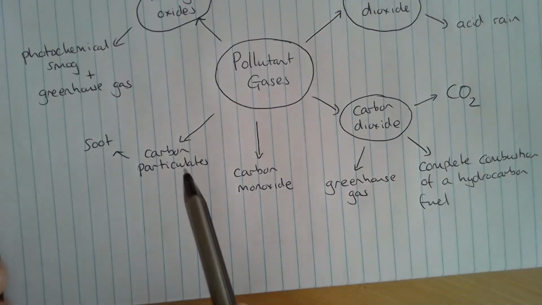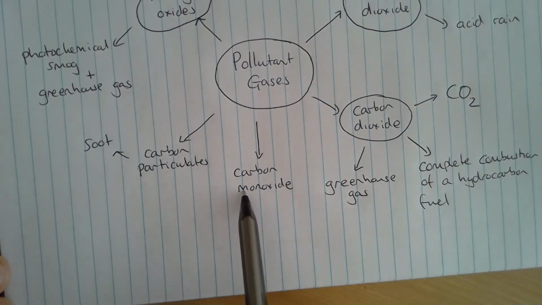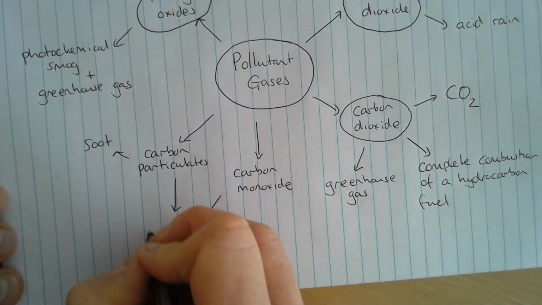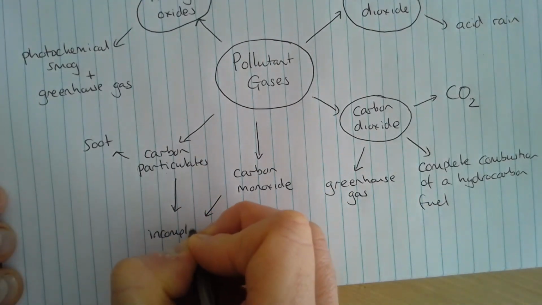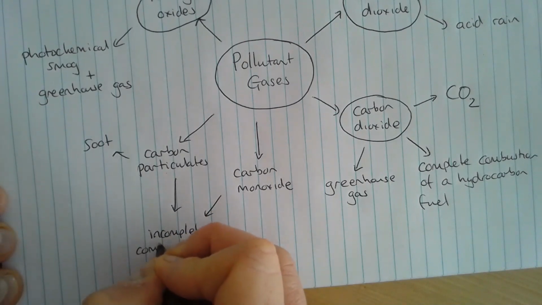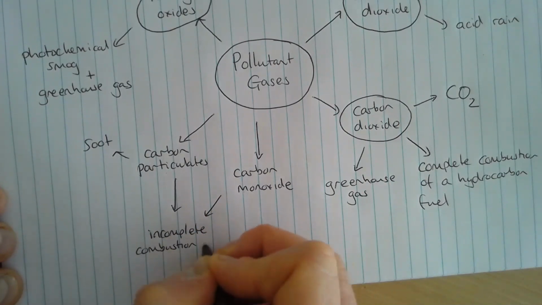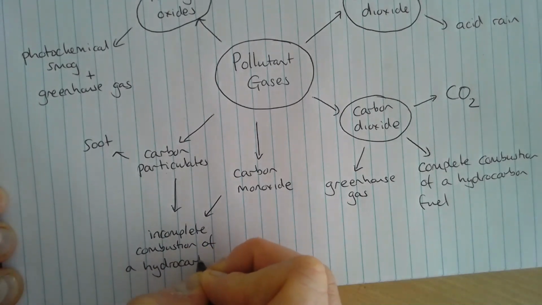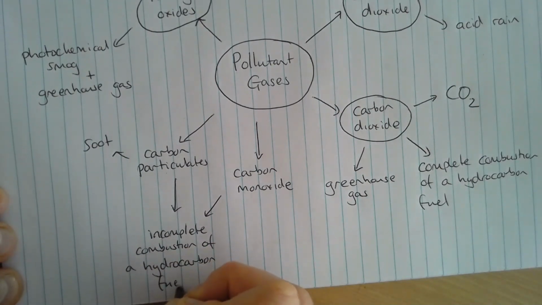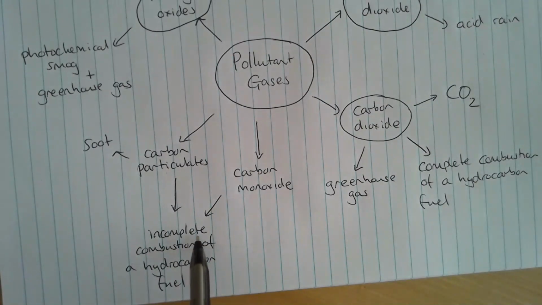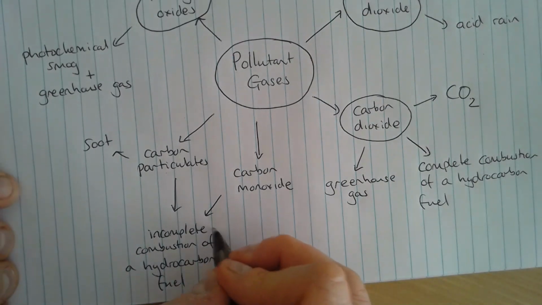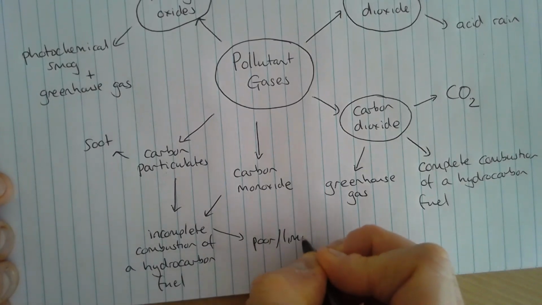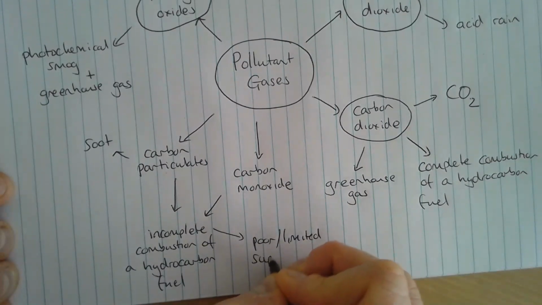Now, the reason we're looking at carbon particulates and carbon monoxide together is because both of these are formed during the incomplete combustion of a hydrocarbon fuel. Incomplete combustion occurs when there is a poor or limited supply of oxygen.